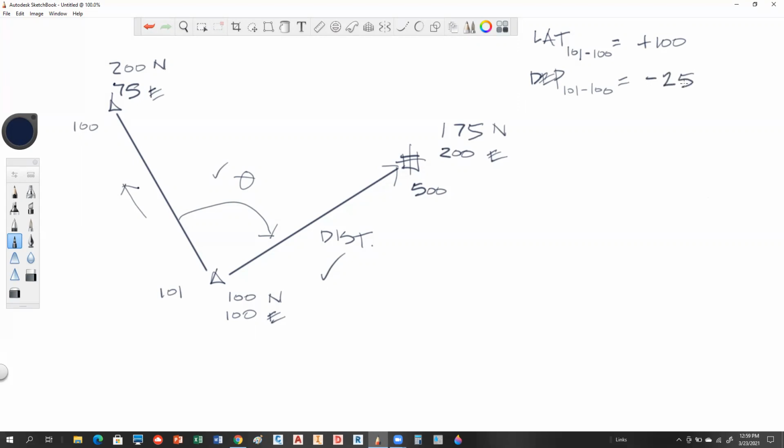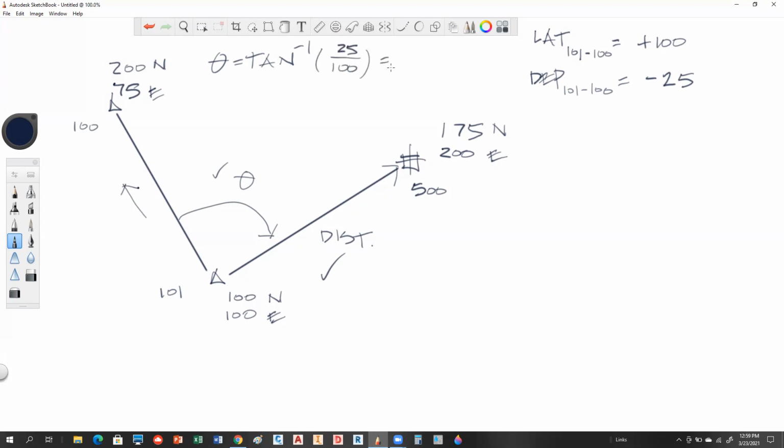So what does plus 100 and minus 25 tell me? You're going up 100 feet, and then you're going to the left 25. Okay, or else what you're saying is that I'm going northwest, right? Yeah, you said north, the same thing in terms of distances, okay? So how do we get theta? Theta is expressed as what? The arctangent of the departure over the latitude.